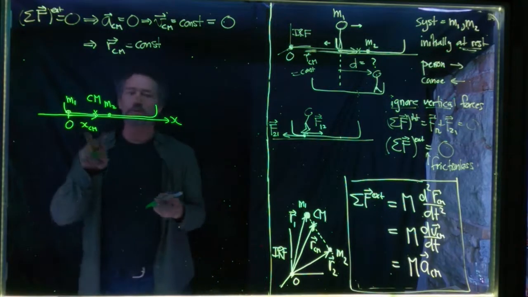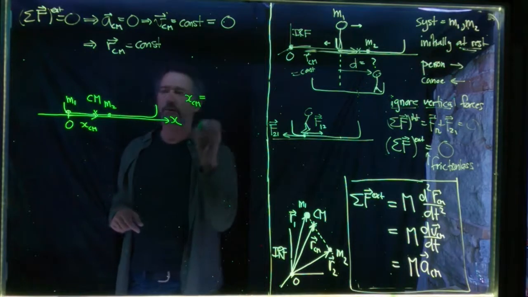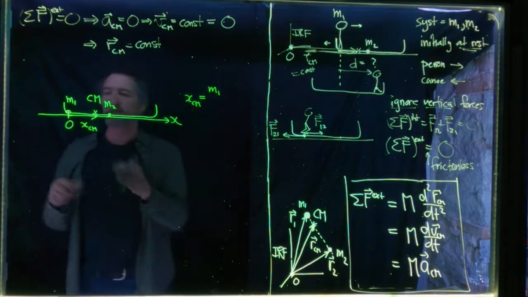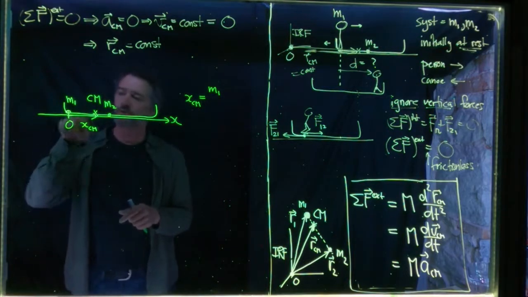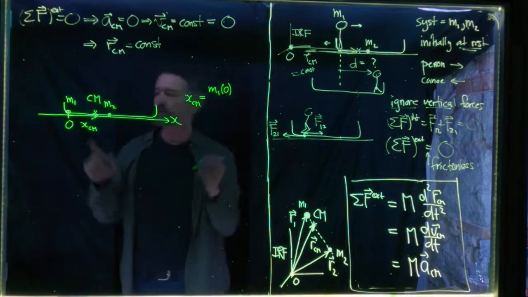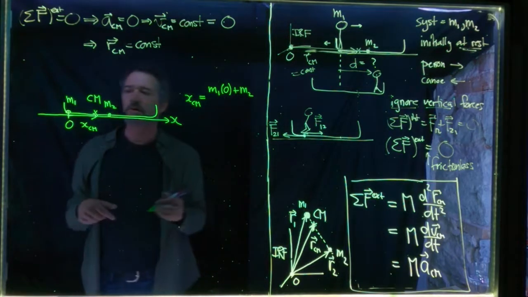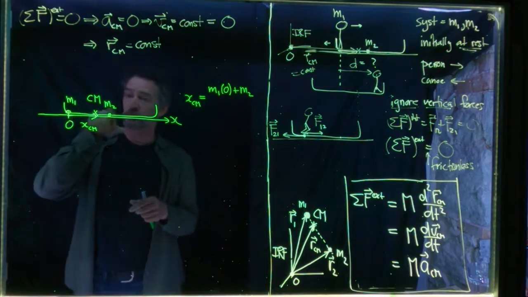Okay, and so what we do is we start with x center of mass, which is going to equal mass m1 times the x component of the vector which points from the coordinate origin to mass m1. Well, that's just 0 by our convenient choice of coordinate origin, plus the mass m2 times the x component of the position vector which points from the coordinate origin to mass m2.